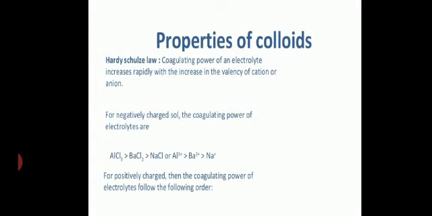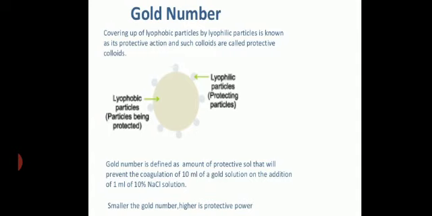Now coming to the electrolyte. The lyophobic colloids are less stable than lyophilic colloids. This is because the stability of lyophilic colloids is due to two factors. What are the factors?